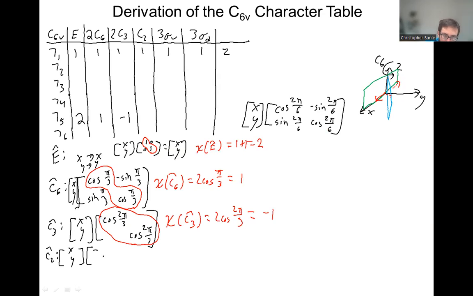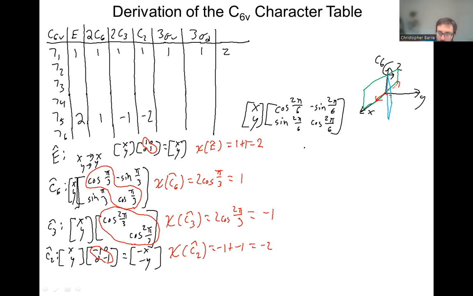So that tells us we need negative 1s on the diagonal. And that gets us the matrix that takes xy into negative x and negative y. We take the sum across the diagonals to get the character chi of the matrix. And the character chi of C2 is then negative 1 plus negative 1, which is negative 2. And so we plug in a negative 2 here.